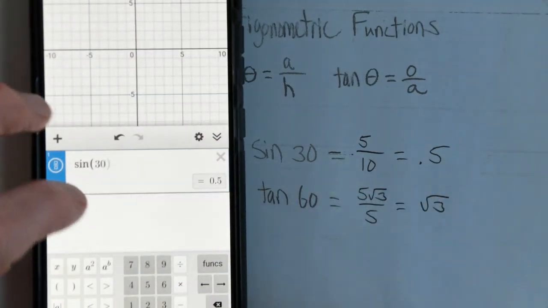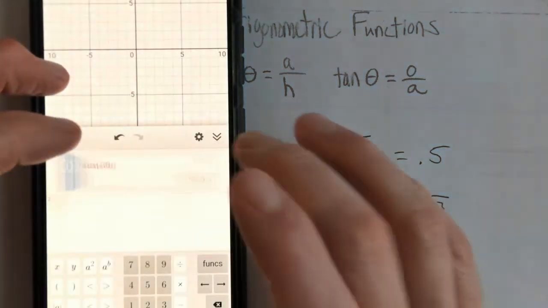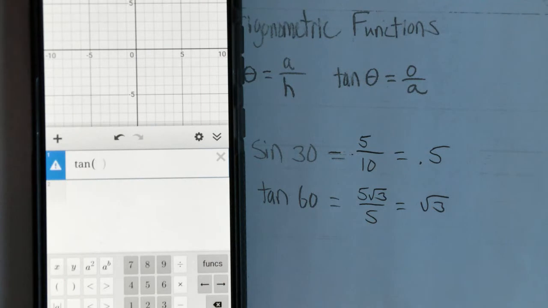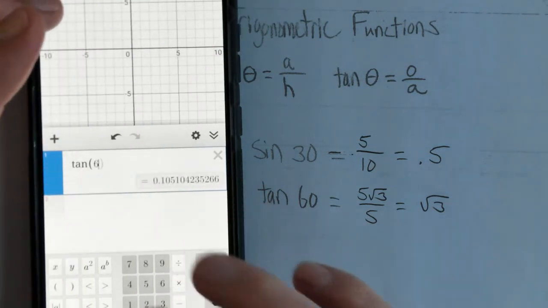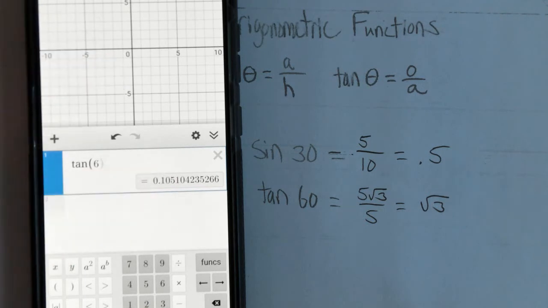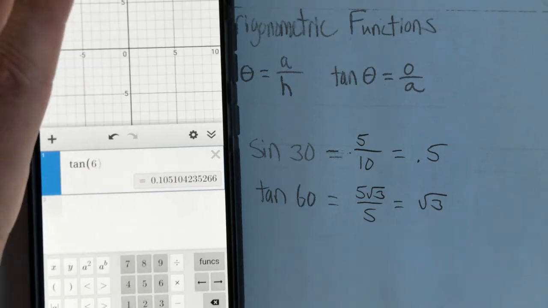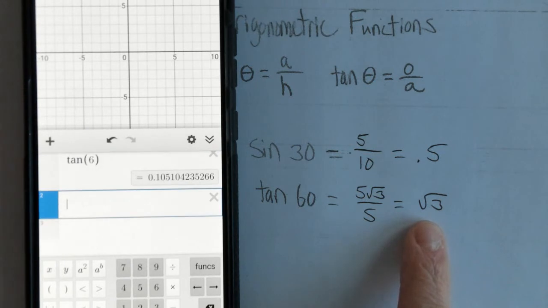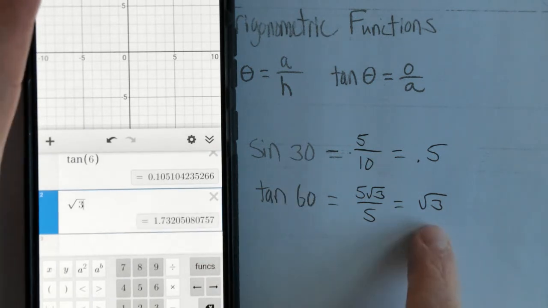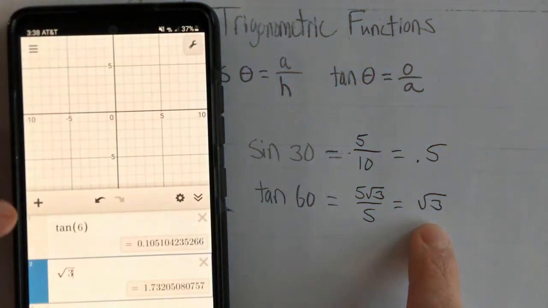Okay, what about the next one though? Let's go with the tangent. So we'll go tangent of 60 degrees. Oh, I messed up.